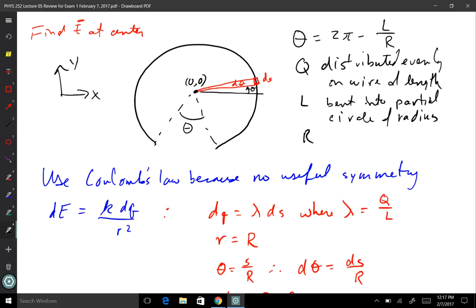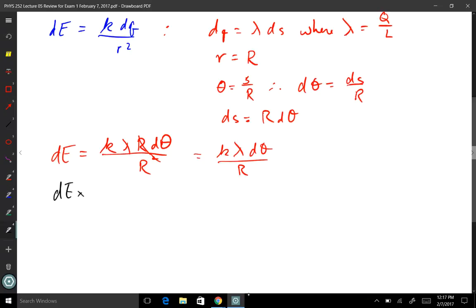If the hypotenuse is my dE, what's the x component going to be? dE cosine theta. So dEx is equal to dE cosine theta, which is K lambda over R times cosine theta d theta.